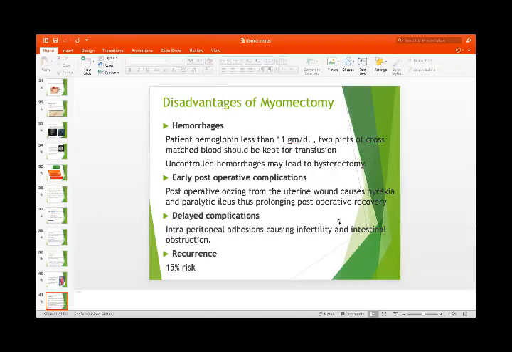She may have early postoperative complications like pyrexia, paralytic ileus, prolonged postoperative recovery, and delayed complications, intraperitoneal adhesions causing infertility and intestinal obstruction. And recurrence may occur in 15% of cases. If you have done myomectomy once, you may leave seedling fibroids inside which are not visible, and they will grow later into a larger fibroid. So recurrence is in 15% of cases.